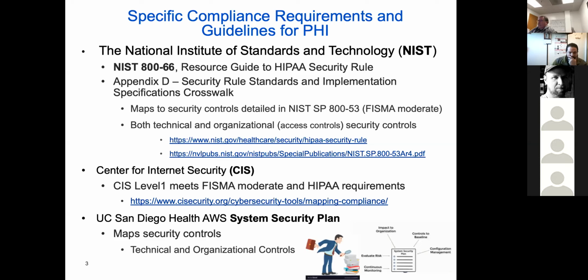So also, CIS baseline level 1 requirements. And then one of the things that we did was map out what currently our organization does for security in terms of the NIST and CIS standards, and then figure out how we're going to tailor it to these new set of services, guidelines, and use cases.